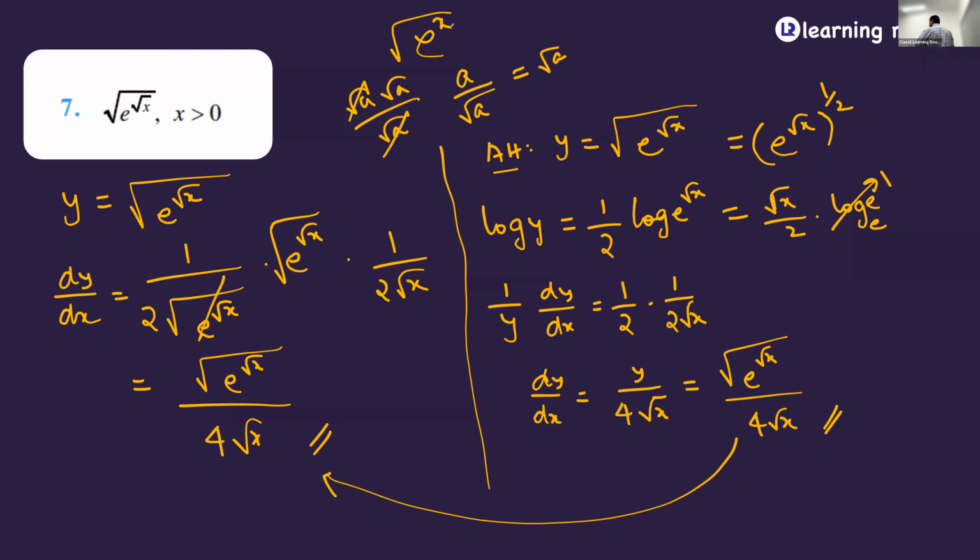composite function தான். It is a composition of how many functions? 2. What are the two? Square root and e power x. இங்க என்ன இருக்கு? Square root, e power x and root x. அதனால தான் x வந்து you replace with root x. For example, e power 2x இருக்குன்னு வெச்சுக்கோ, இது கூட composite தான்.